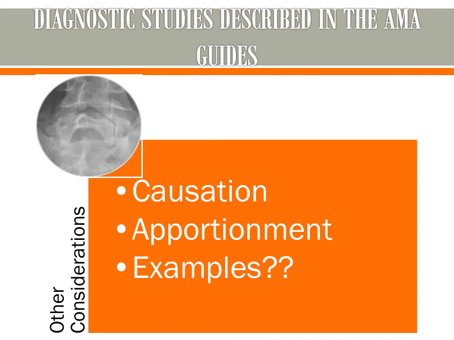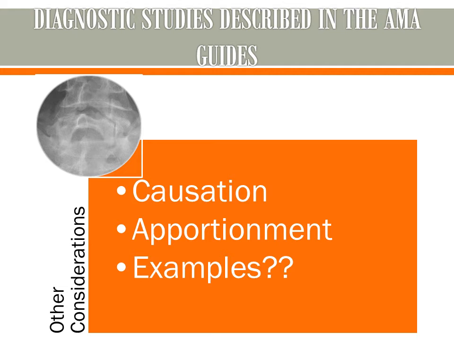In fact, that was the whole basis of the Escobedo case, was diagnostic study findings of advanced degenerative change of the knee that supported the conclusion for apportionment of permanent impairment of the compensable consequence right knee injury following a specific injury to the left knee. So that's a classic example, a famous example of how diagnostic studies were critical in the apportionment determination.